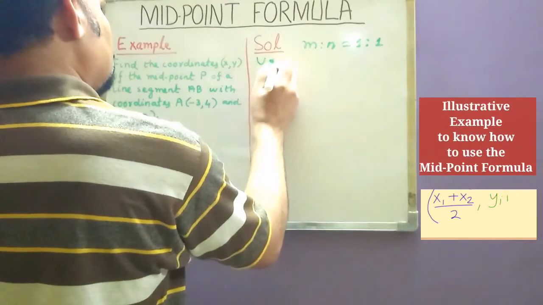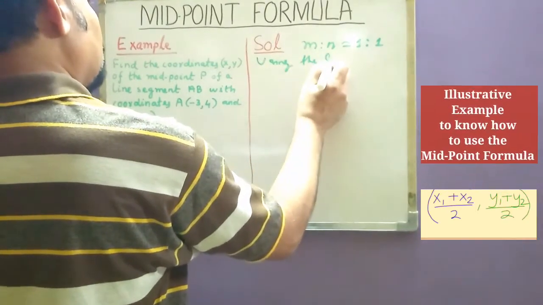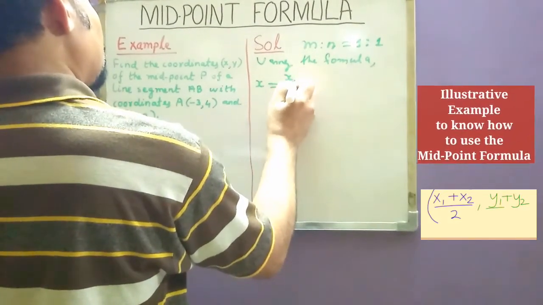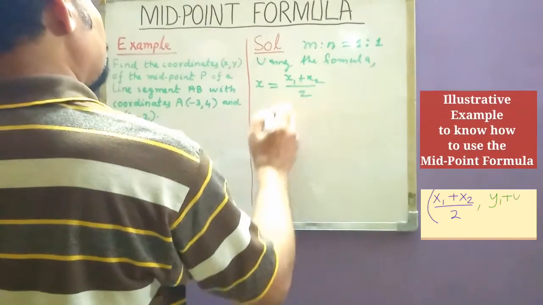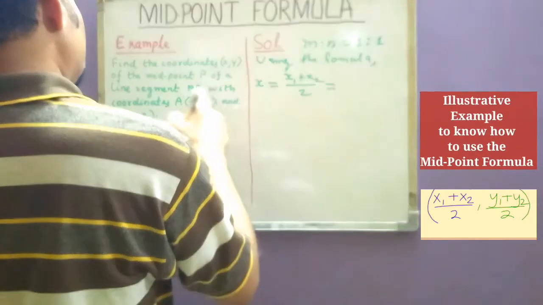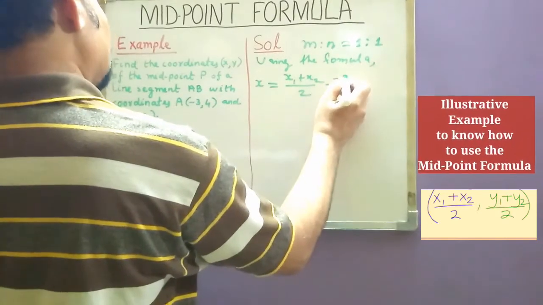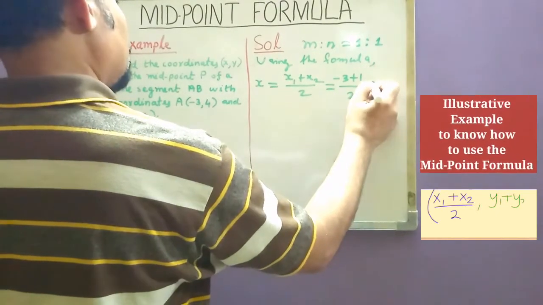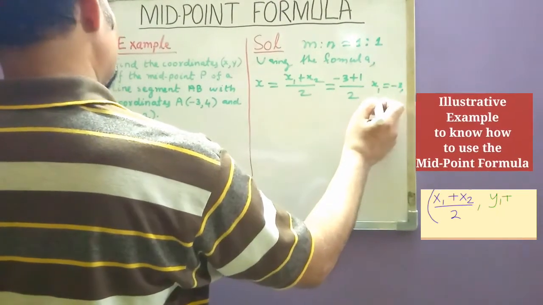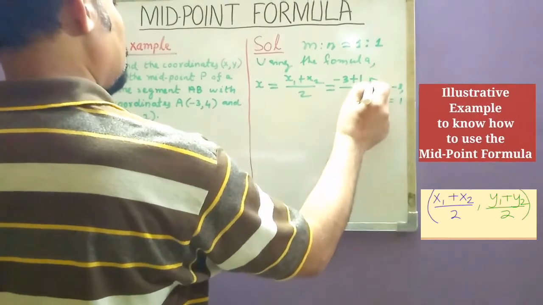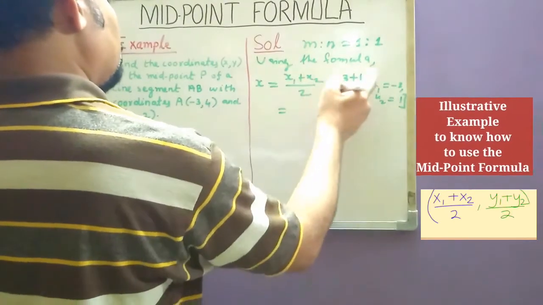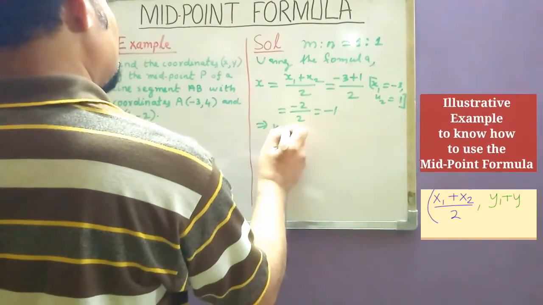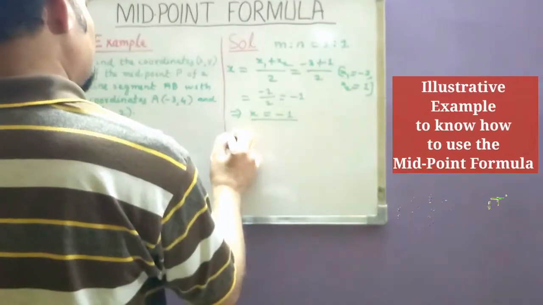Then using the midpoint formula, we have x equal to x1 plus x2 upon 2, that equal to minus 3 plus 1 upon 2. Here x1 equal to minus 3 and x2 equal to 1, that equal to minus 2 upon 2, that equal to minus 1, implies that x equal to minus 1.